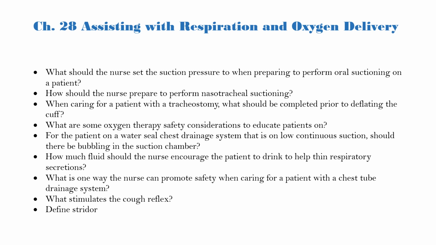What are some oxygen therapy safety considerations to educate your patients on? So we're going to find this on page 527 in the QSEN Considerations orange Safety Alert box, Oxygen Therapy Safety. You would want to pay close attention to the bullet points to check all the electrical devices for frayed wires and confirm that they are in good working order to prevent any short circuit sparks that could cause a fire.